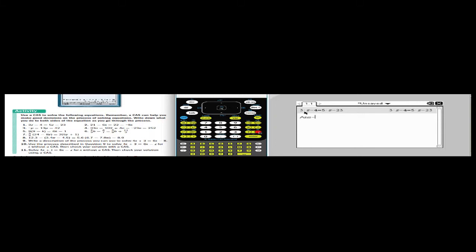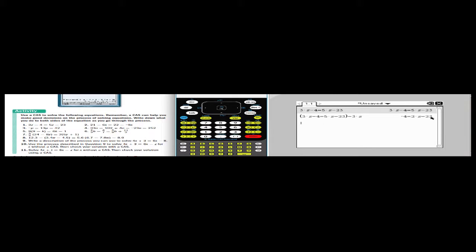So minus 3 times z, and enter. And so what we've got is I'm left with negative 4 is equal to 2 times z minus 23.